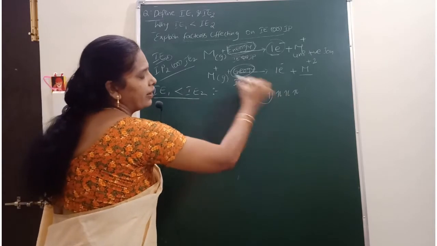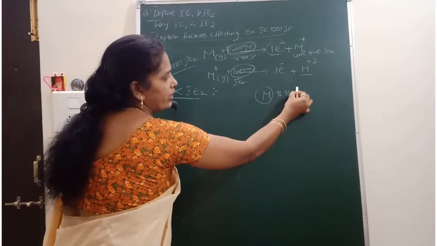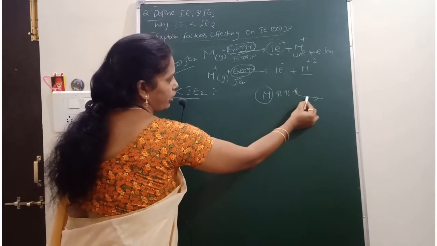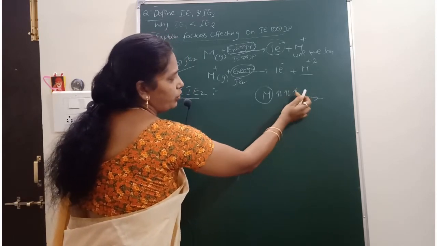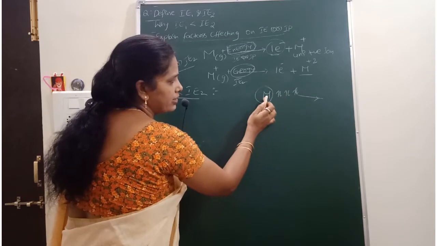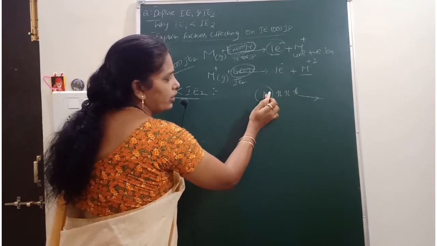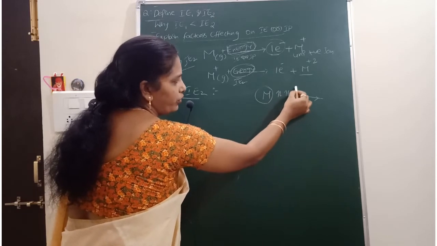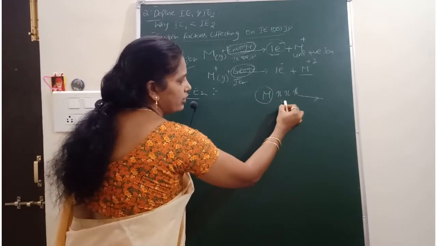IE1 is the minimum energy required to remove an electron. Here, for example, the atom has 6 electrons, and after removing one, 5 electrons are left.